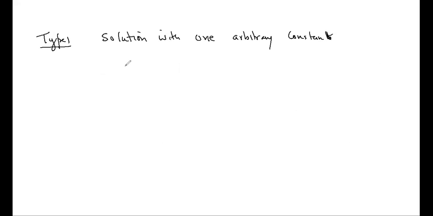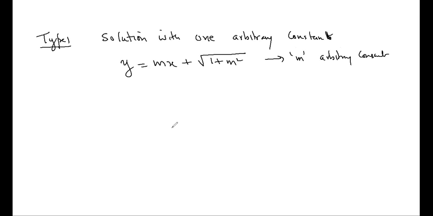Now I'll give an example. y equal to mx plus root of 1 plus m square, where m is the arbitrary constant. Tell me how many arbitrary constants are there in it? One. m is only once. So only m is the arbitrary constant.